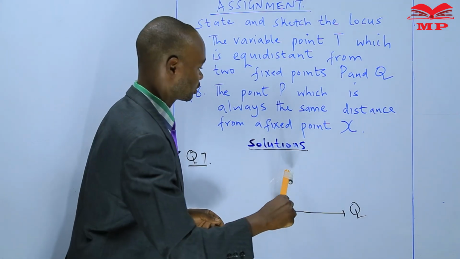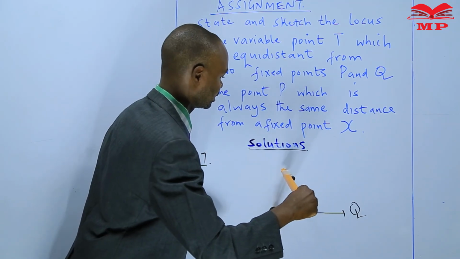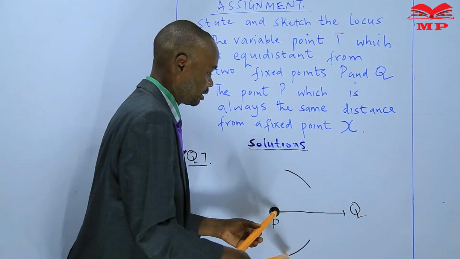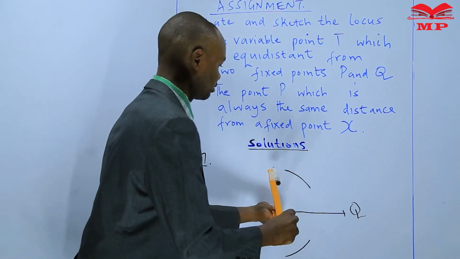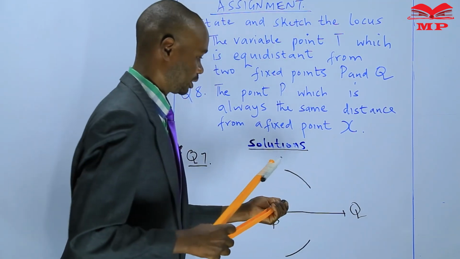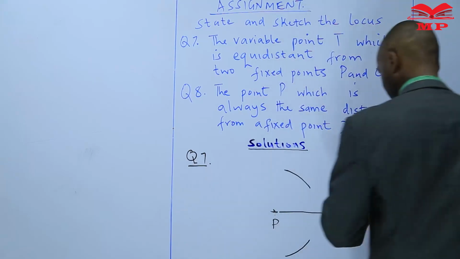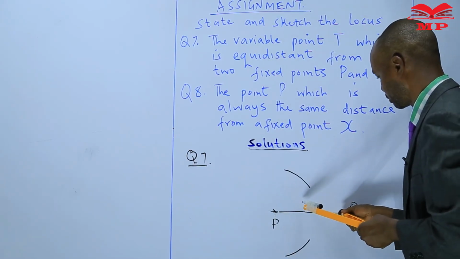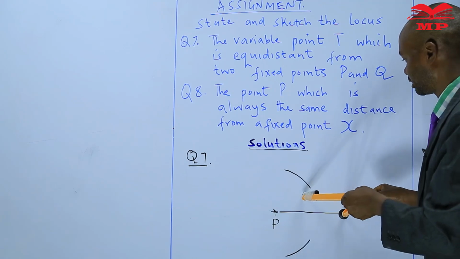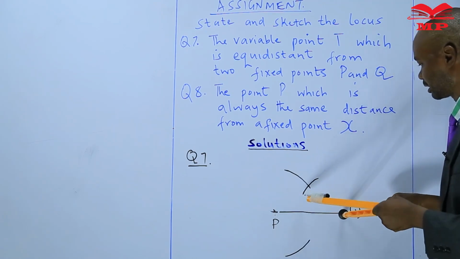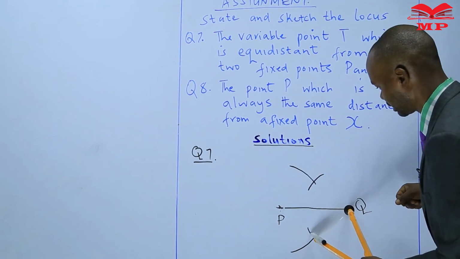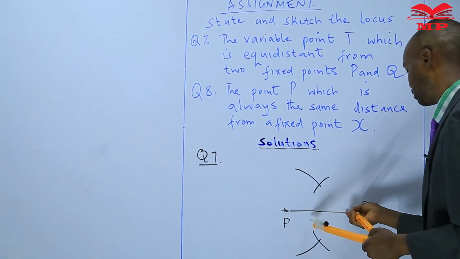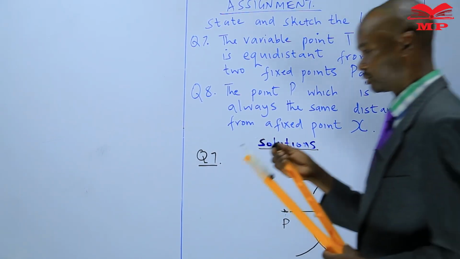Strike an arc above, strike an arc below. Remove it at P, move to Q, and using the same distance, strike an arc above and below. Then remove that.